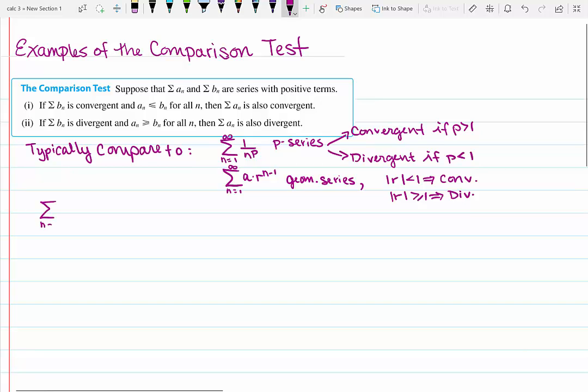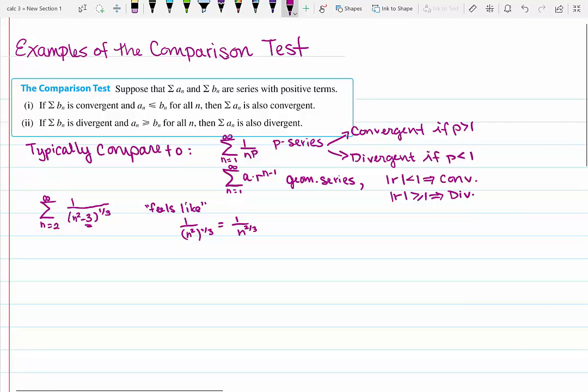Let's take the series n equals 2 to infinity of 1 over n squared minus 3 to the 1/3 power. There's a little bit subtracted off here, but otherwise this series basically feels like it would be 1 over n squared to the 1/3, which is 1 over n to the 2/3 power.